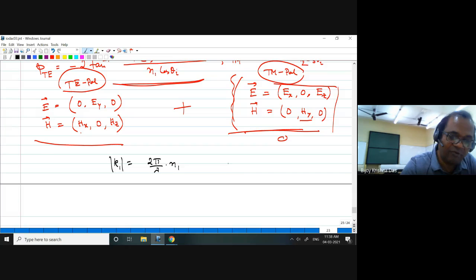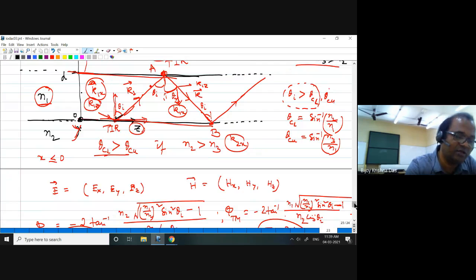So what would be the value of k1x? 2 pi by lambda n1 and then cos theta I. So the k1x component, because this is actually theta I, if this is k1, is just cos theta I. That's clear.